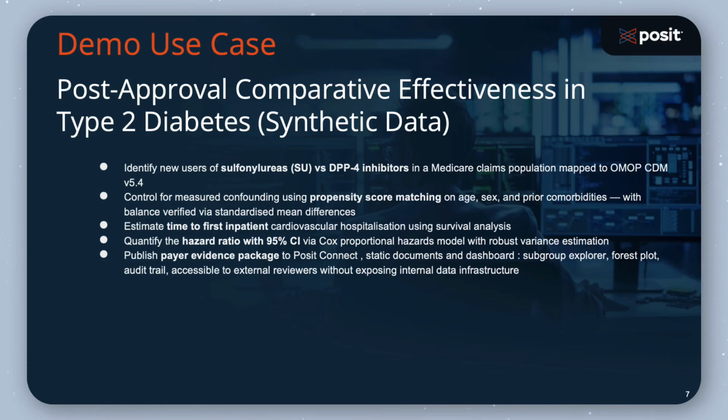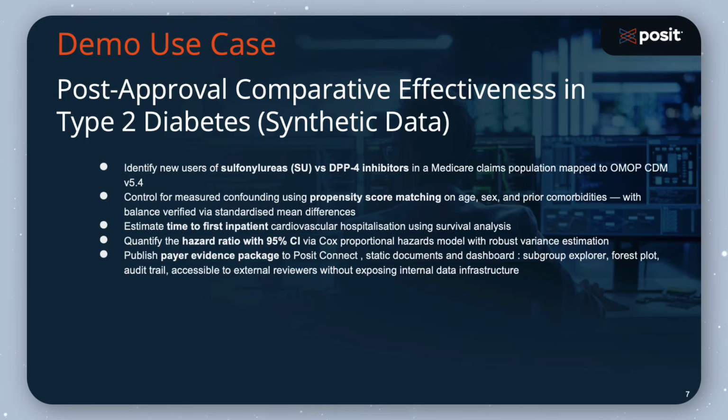We'll control for measured confounding using propensity-score matching techniques. We'd like to estimate time to first inpatient cardiovascular hospitalization using survival analysis. We also want to quantify the hazard ratio with a 95% confidence interval via a Cox proportional hazards model.